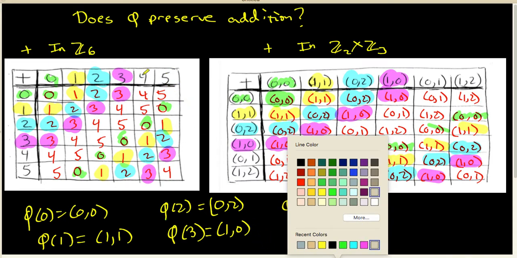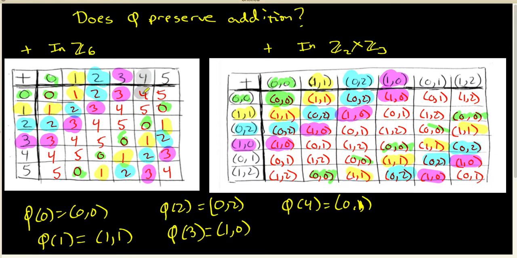So the 4 is that light gray, and here are the 4's in that Z6 table. And phi of 4, remember, is 0, 1. So we are going to color the 0, 1's exactly the same color in this table.